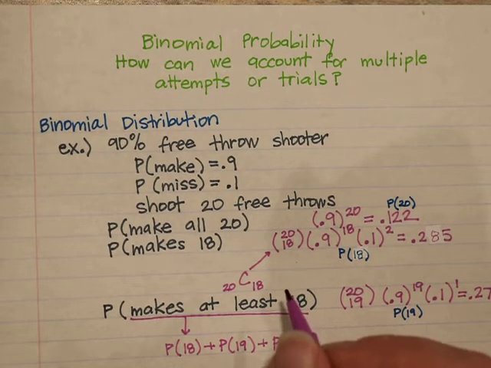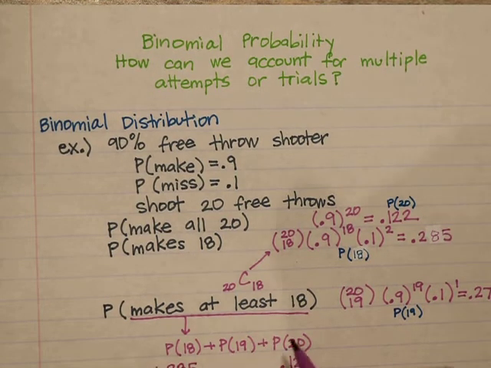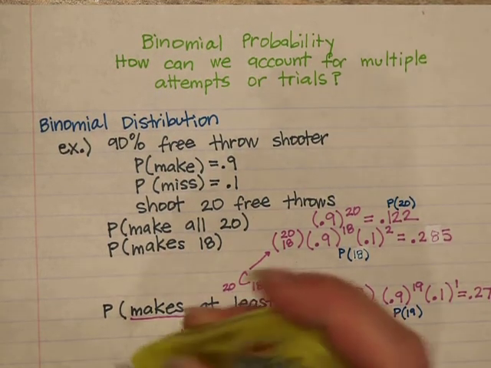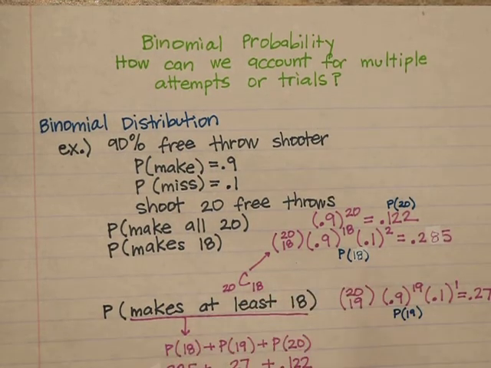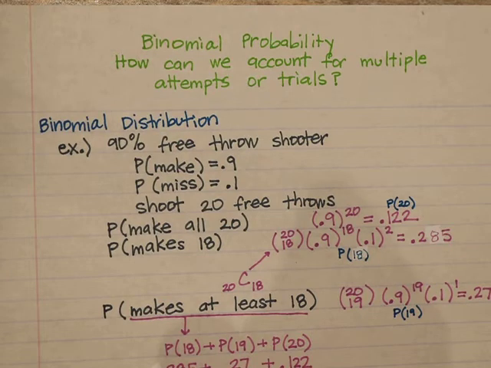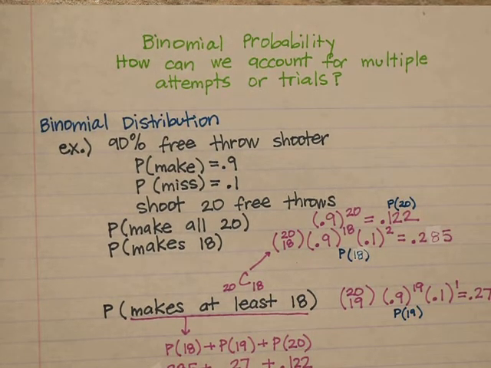I've got 0.122, that's my 20, my 0.285, and then the plus 0.27. So there's my three choices. And I'm going to add all those up, and the probability of him making at least 18, about 2/3 of the time he's going to make at least 18. You want him at the line.